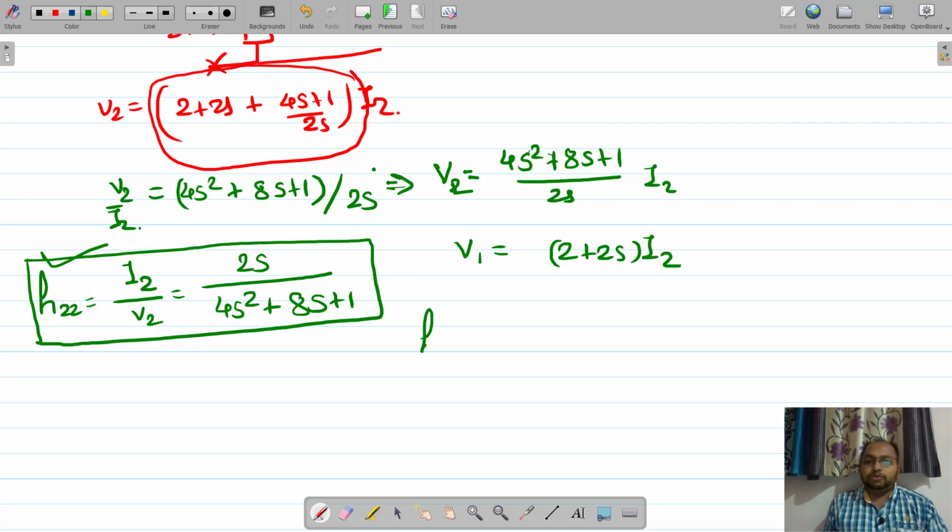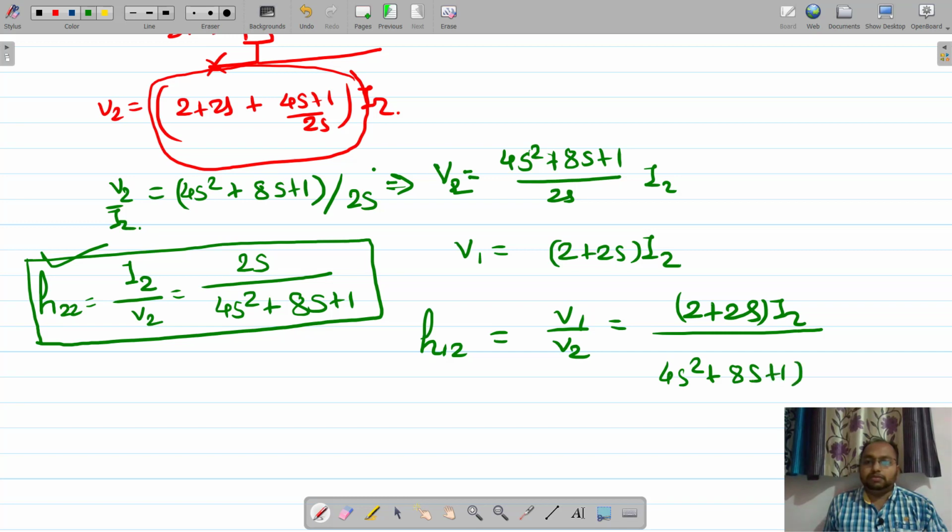So h12 is nothing but V1 divided by V2, which is equal to (2 plus 2s) into I2 divided by 4s square plus 8s plus 1, and that is also divided by 2s into I2. So I2 will get cancelled out, and this 2s will go into the numerator.